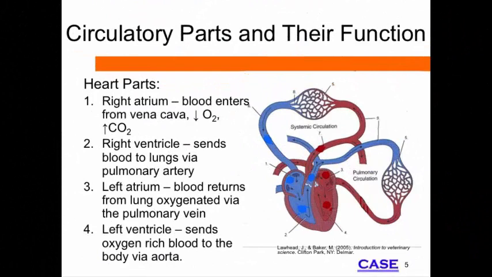There are two components of the circulatory system: systemic and pulmonary circulation. The heart connects these two systems. The four main chambers of the heart channel the flow of blood to and from the body, passing through the lungs to enrich the blood with oxygen and expel gases such as carbon dioxide.